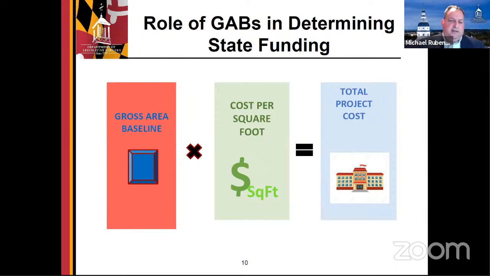And they use that square foot amount to multiply by the gross area baseline to get the total project cost. And then that total project cost is applied to the cost share formula to determine what the state-local share breakdown is going to be. So again, the gross area baseline is really the foundation for this calculation, and the enrollment projections are the foundation for that gross area baseline calculation.